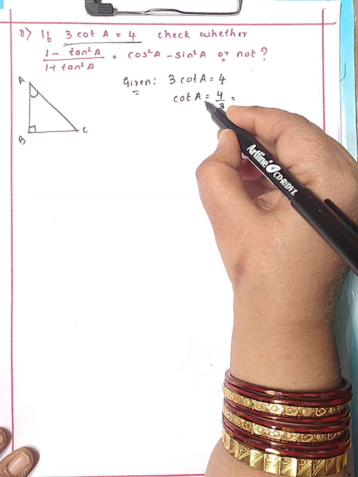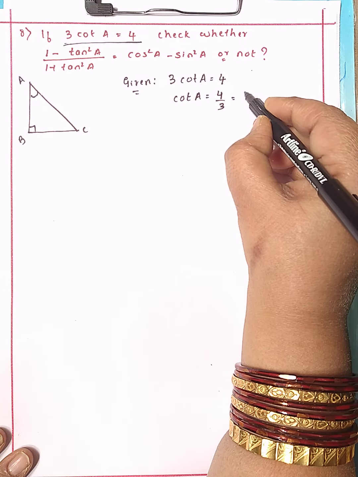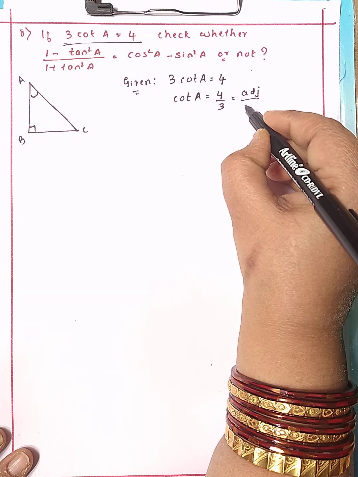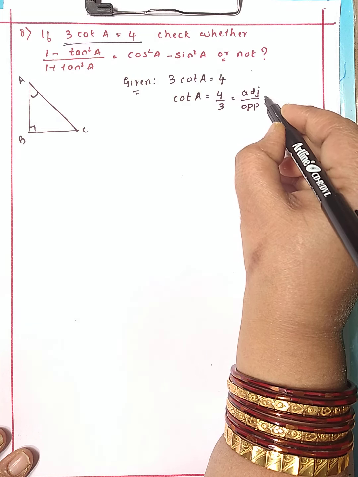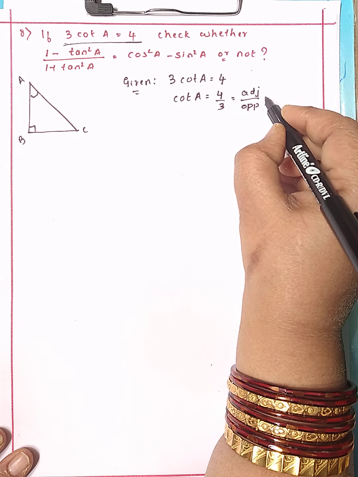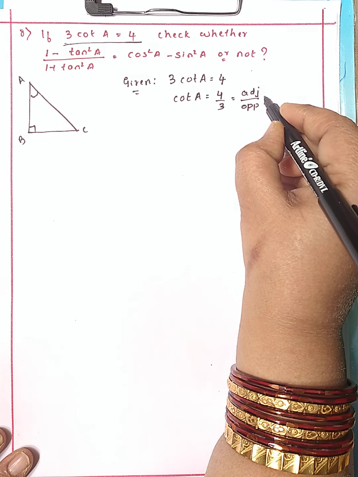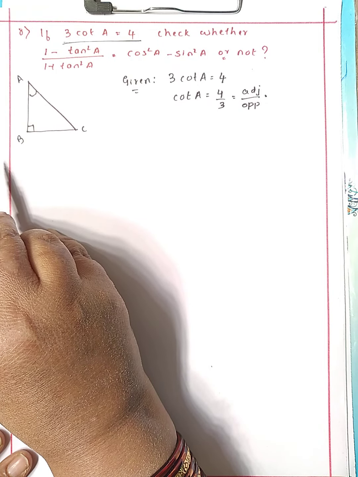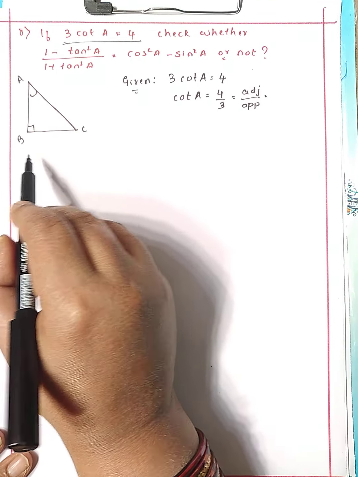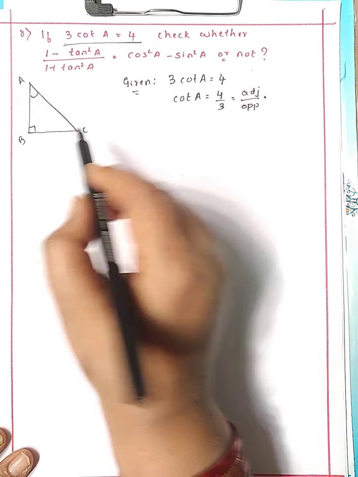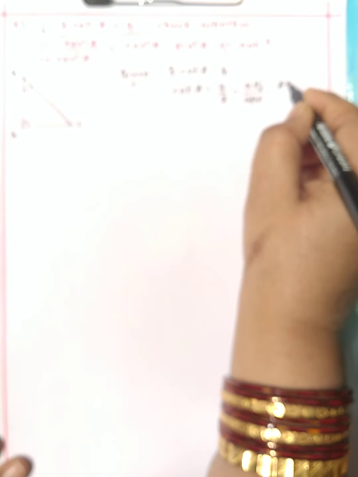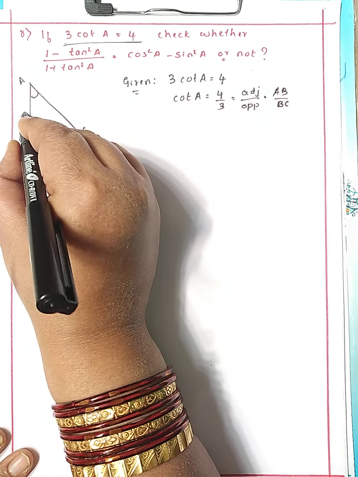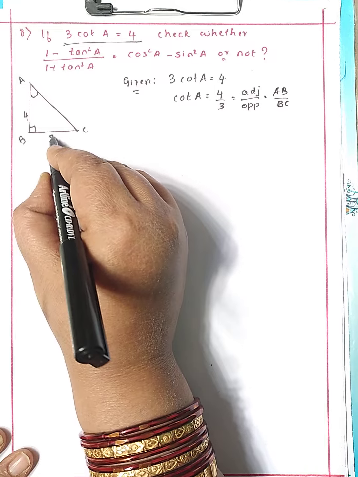The ratio of cot is adjacent by opposite. That is AB by BC. AB by BC means AB is 4 and BC is 3.